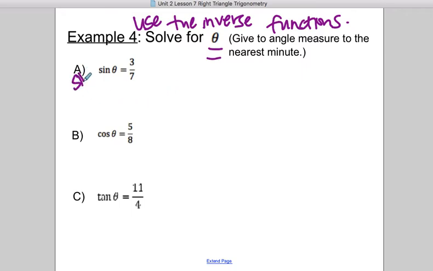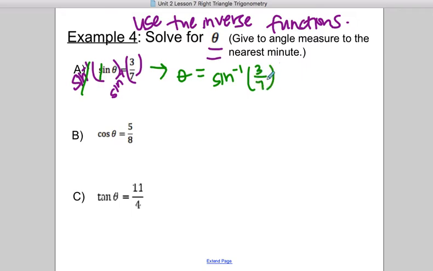I'm going to write it out. I do sine inverse of this, and then sine inverse of this. The inverse and sine undo each other, which leaves me with theta equals sine inverse of 3/7. You type this into your calculator and you will get, I'm going to check this really quick, sorry.